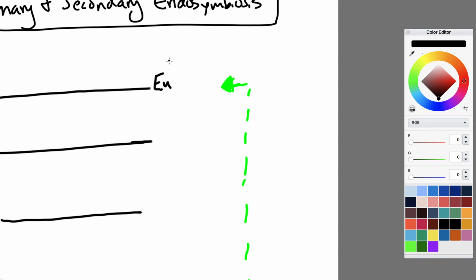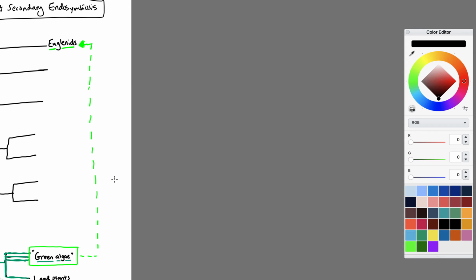And we have the euglenids, which includes euglena. Their chloroplast comes from a green alga, and it has multiple membranes around it. So that's one secondary endosymbiosis.